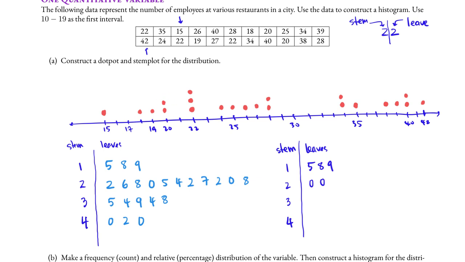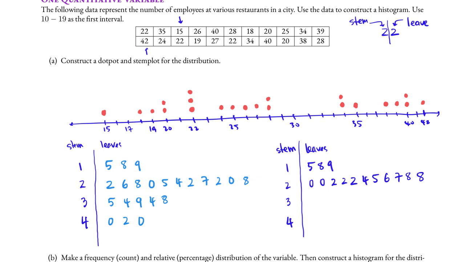Then there are three 22s, so three leaves with value 2, and then 24, 25, 26, 27, and then two 28s. They are now in increasing order.